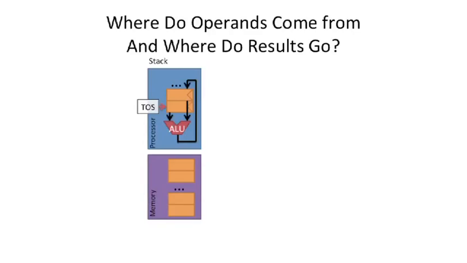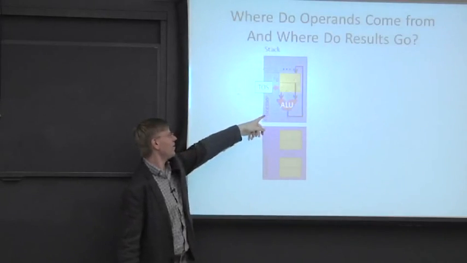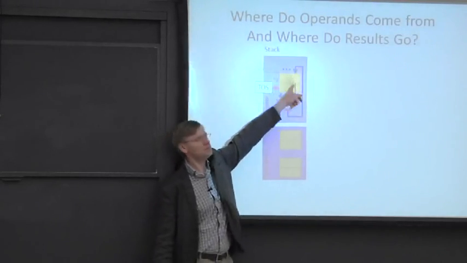So let's start off with a very simplistic example here, a very simplistic processor that people have actually built. Believe it or not, you don't have to have registers in your processor, or named registers in your instruction set architecture. Instead, you can have a stack.